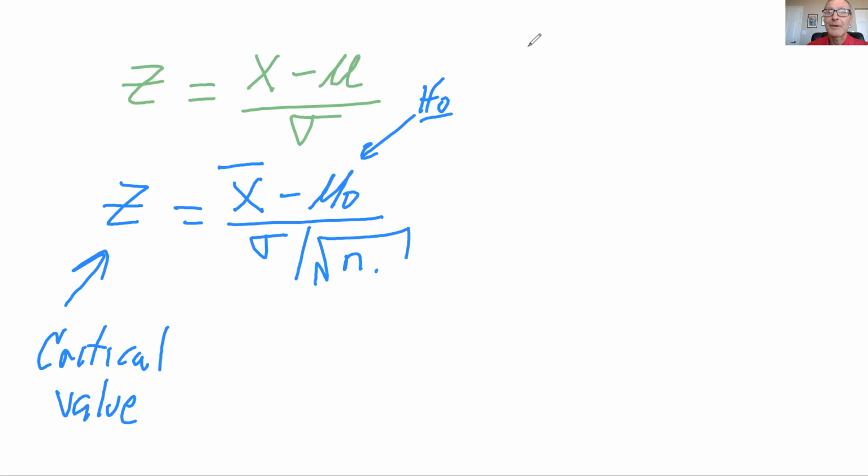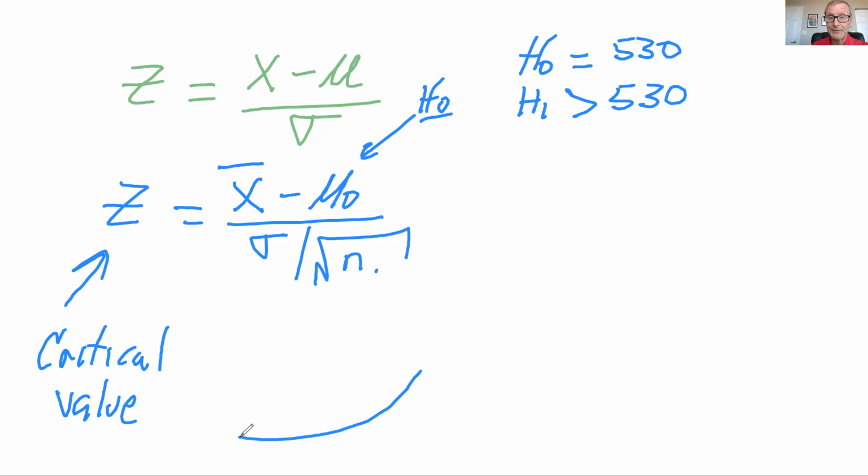So we had this set up where the null hypothesis was 530, and we hope that the alternative, they use H1, if I use Ha sometimes, I apologize, is that the mean is greater than 530. So this would be a right tail test, right? So if you think about it, we're looking for values that are over here.